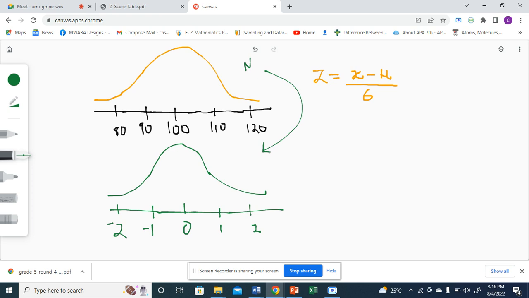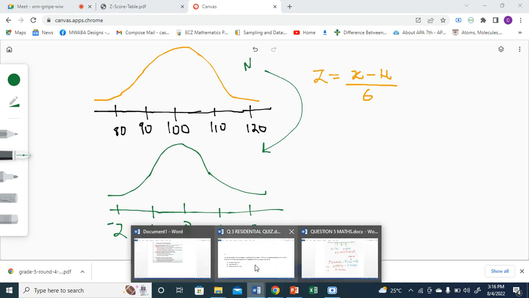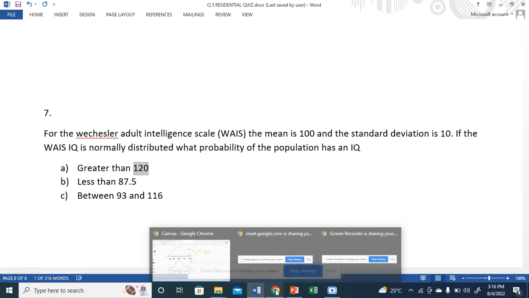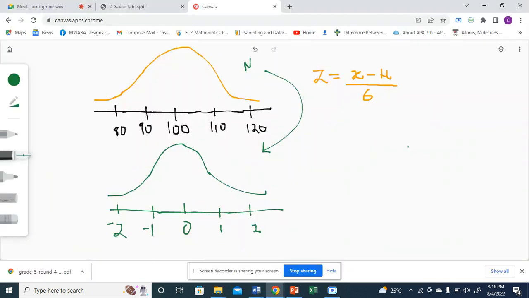So for our first one, they told us we have to find the probability that the IQ is greater than 120. In this case, our X is 120. We get our z-score.